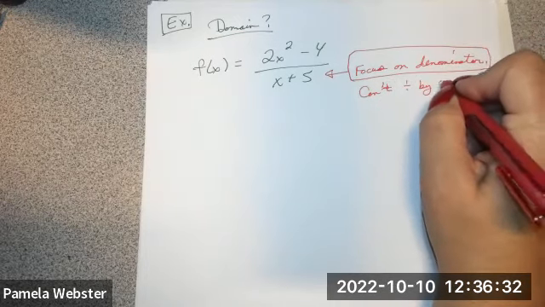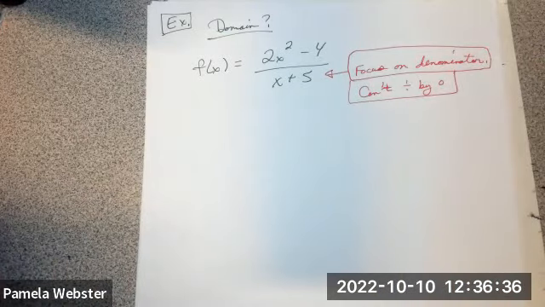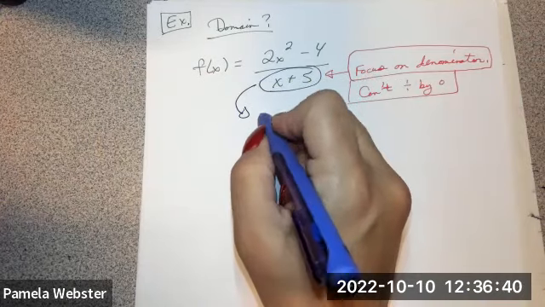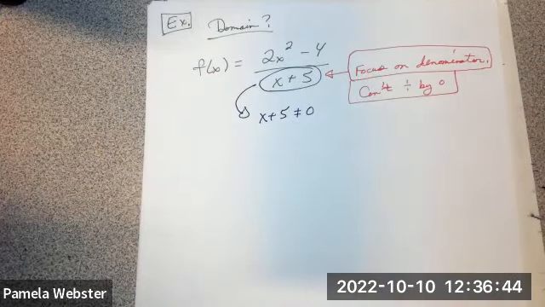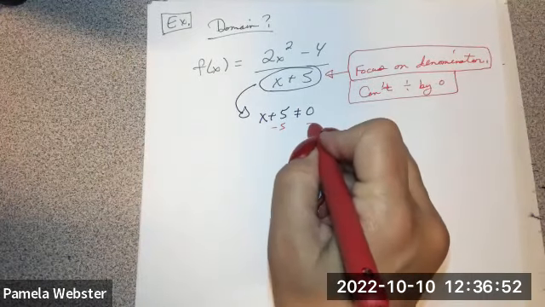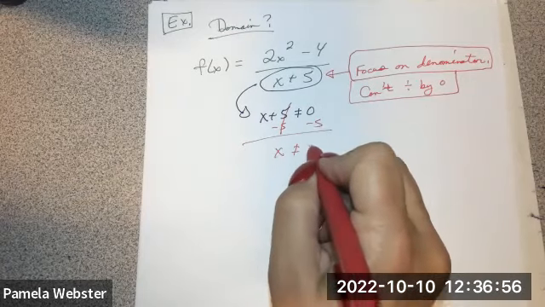So in order to find your bad spot in the domain, you take the denominator. You're actually going to need to pull these out and set up the little equation and say x plus 5 cannot equal 0. Well, this one's not terrible because all I need to do is subtract 5 from both sides of the equation. X cannot equal -5.